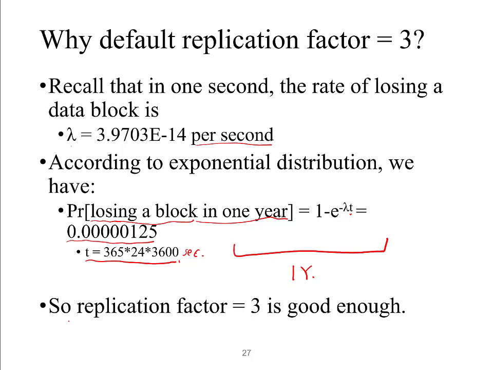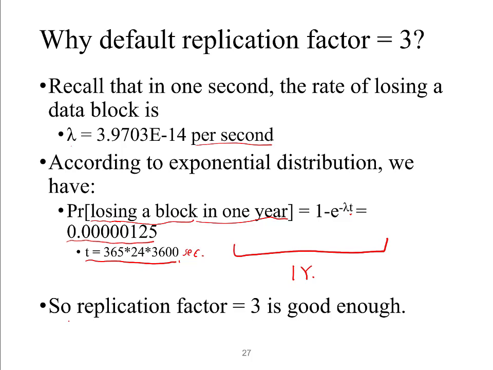It took us a lot to get here. If you are not familiar with the Poisson distribution or the exponential distribution, you should learn them by yourself using Wikipedia. I think Wikipedia should be enough for these slides.